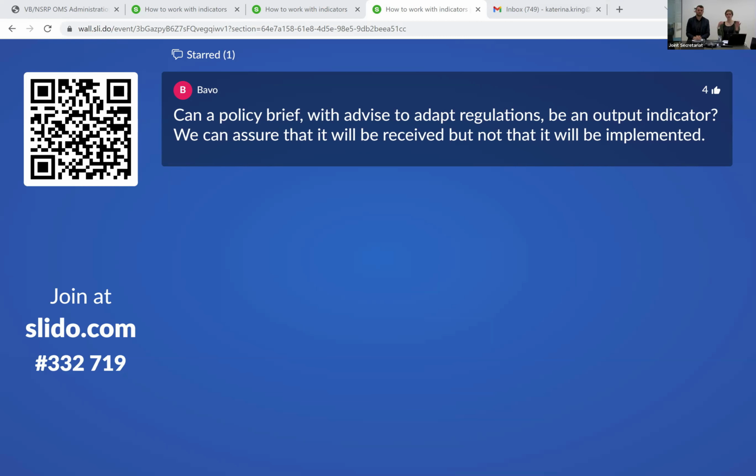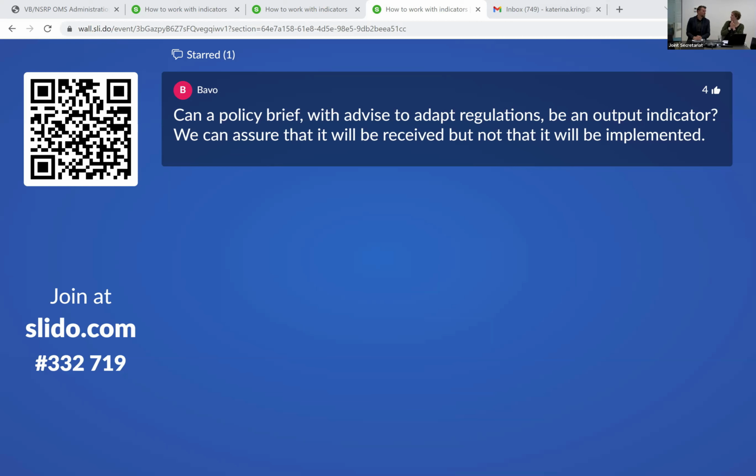So at the output level, you don't really have to think about who will take it up and who will implement it or what will happen afterwards. But of course, you cannot avoid it, you will reach that point where you have to think about the result indicator. Then you have to carefully think, how high are the chances that something will happen with this policy brief and that it will have an impact?